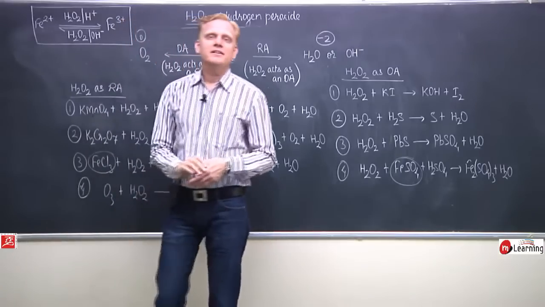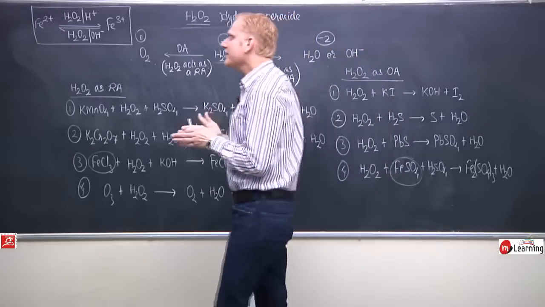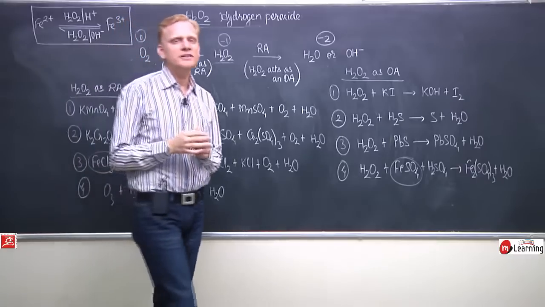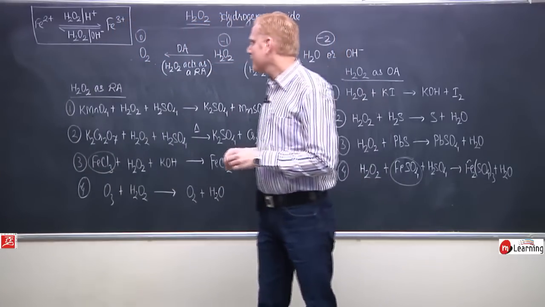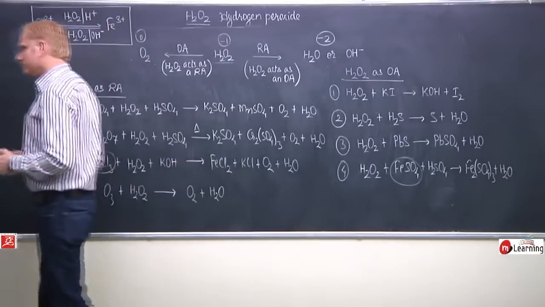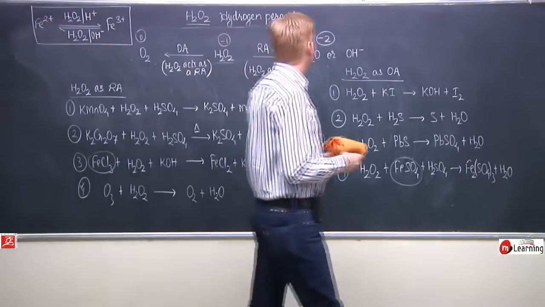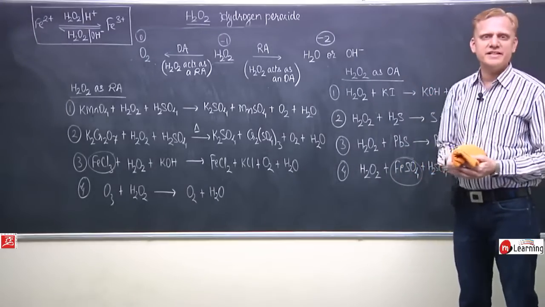So that way the iron compound can be converted from ferrous to ferric or from ferric to ferrous depending on the medium taken for the reaction. Here are a few reactions supporting the nature of hydrogen peroxide as oxidizing and reducing agent.